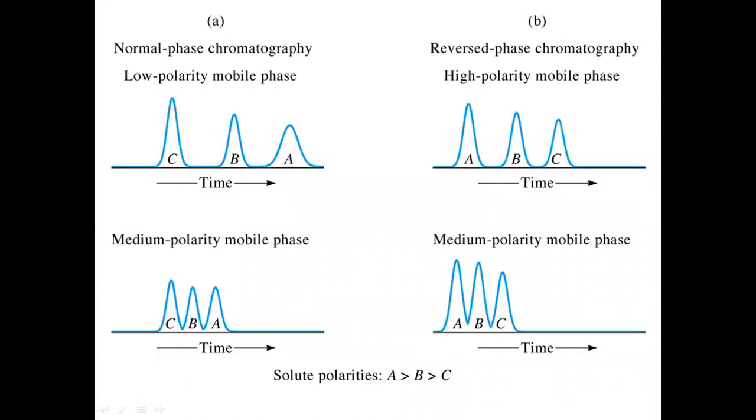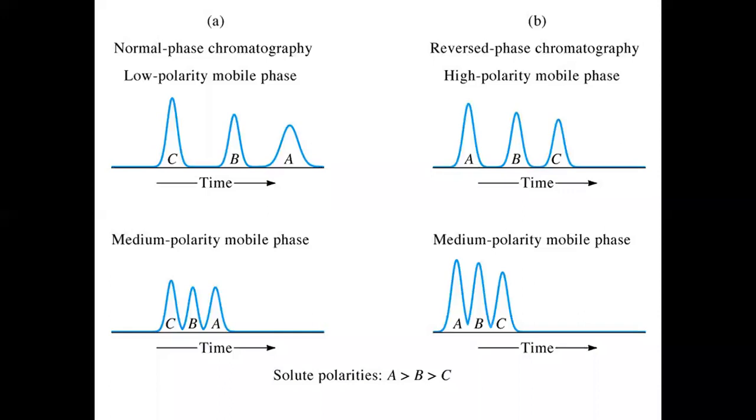You can see here the set of chromatograms presented for the separation of three species A, B, C by using normal phase chromatography and reverse phase chromatography, and also by varying the polarity of the mobile phase.